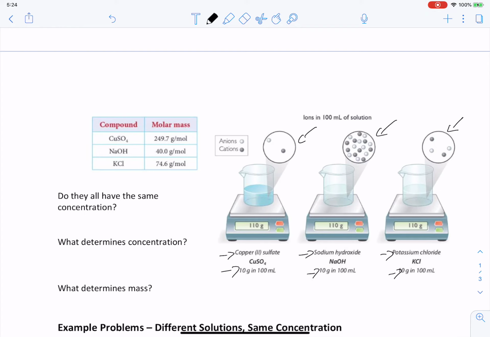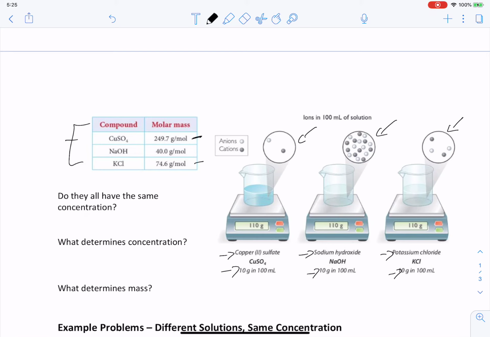What I really want you to focus on now is this table of the molar masses, right? Because we have 3 beakers, 3 different substances, and the molar mass of each of those substances can be found in this table. Which one has the highest amount? That's copper sulfate at basically 250 grams per mole.